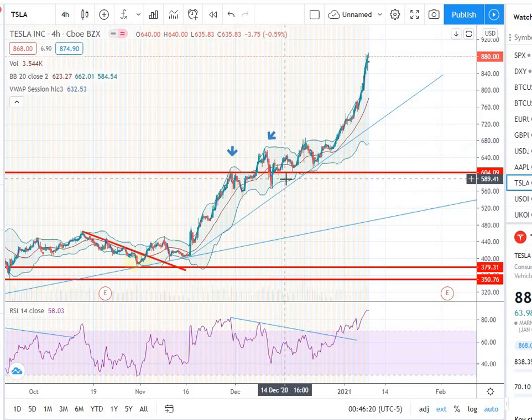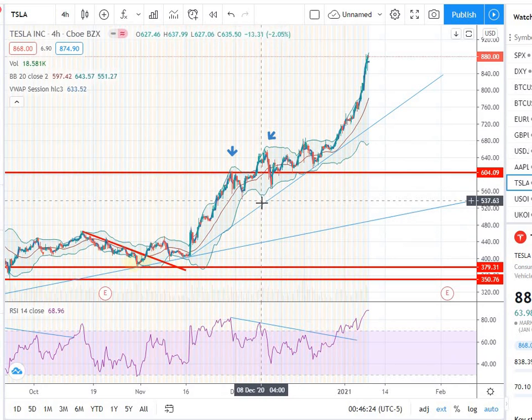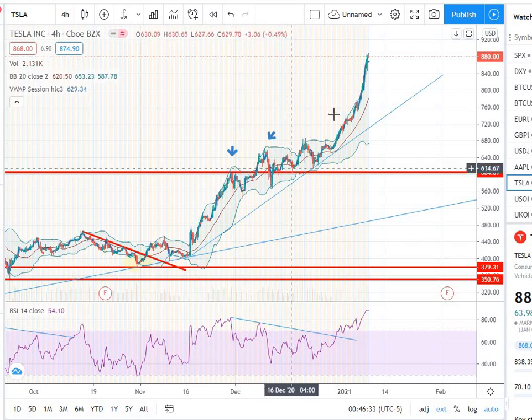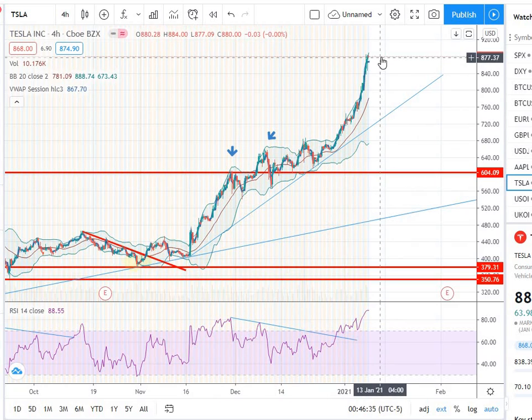You see, I have another trend line that's going because Tesla is not following some of the rules, and the hype is just taking it to the next level here. You see, this was my previous blue trend line.